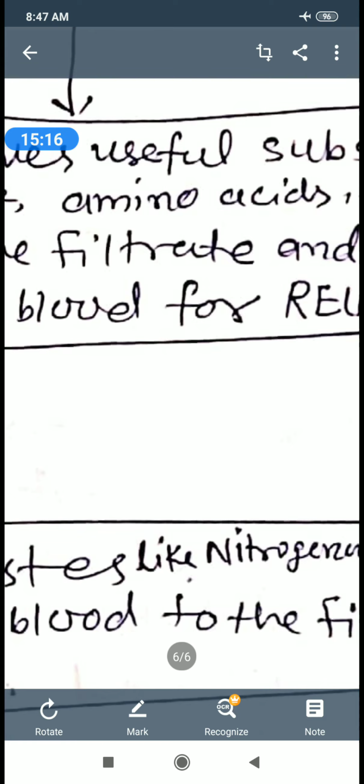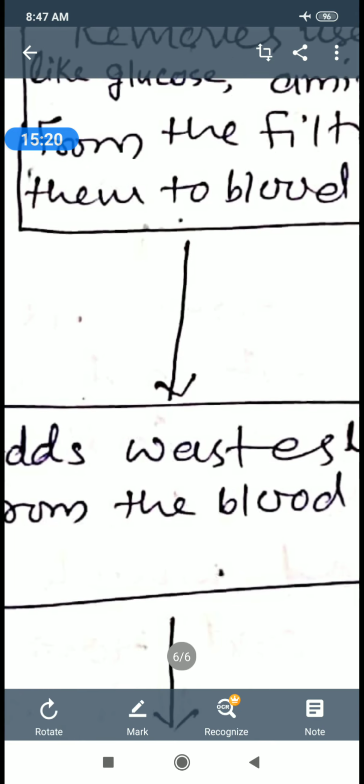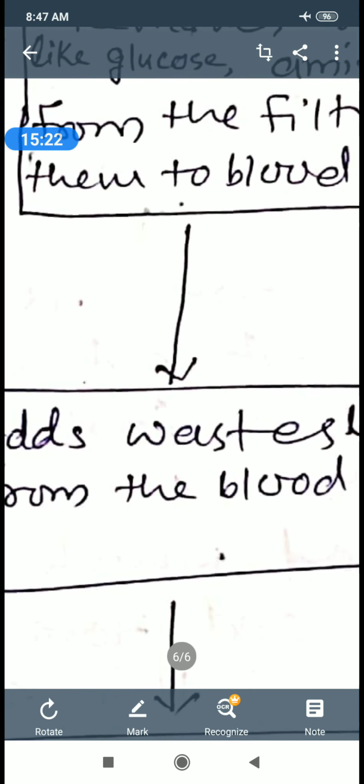And now the fourth function, water reabsorption, done in Henle's loop, removes water from the filtrate and returns absorbed water to the blood for reuse. This is to balance the water level in our body fluid.